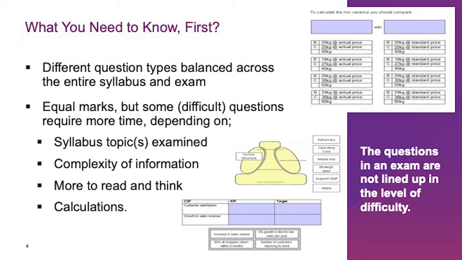On the other hand, the questions in an exam are not lined up in the level of difficulty. Therefore, in order to answer all questions allowing adequate time for each question, I recommend that you answer all questions in 4 rounds. This will enable you to use your time effectively during the CIMA Objective Test exams.